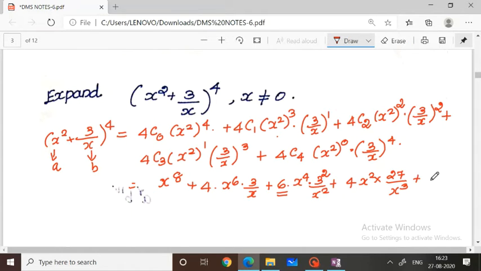So 1 into 3 by x, 3 raised to 4 is 81 divided by x raised to 4.